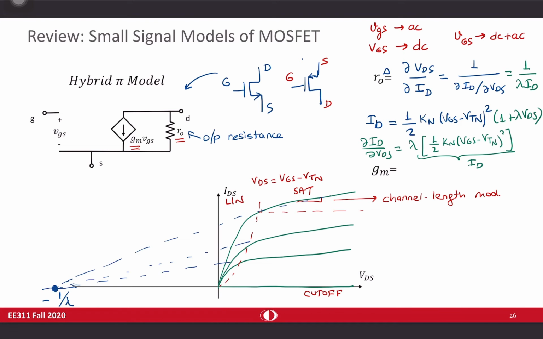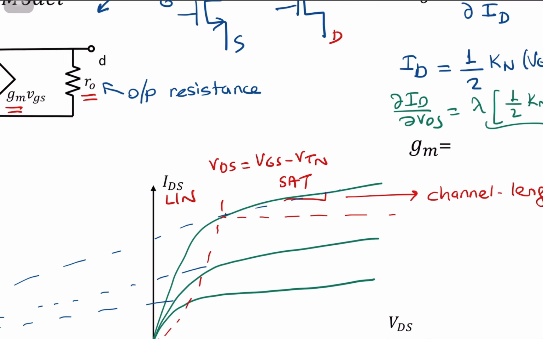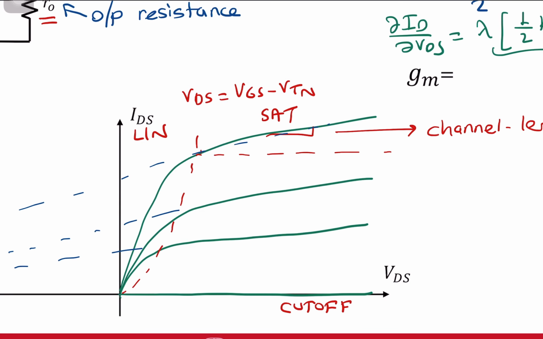And again, you can continue with the definition. R0 is the variation of output voltage, VDS, with respect to input current. So if you take a look more closely in here, R0 is in fact the slope in here, or 1 over the slope in here.